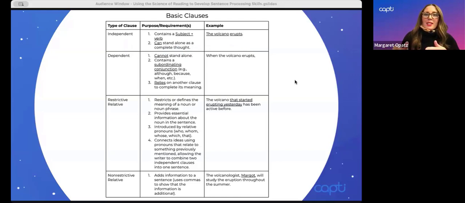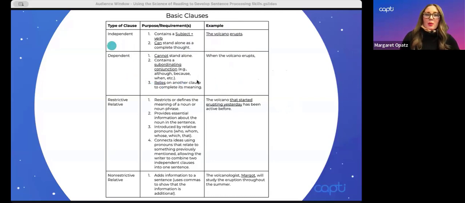And something that's nice is if you've already taught those word order rules, those basic syntax rules, you can actually ask students, is there a subject in this clause, and is there a verb? And students should be able to say, oh yeah, the volcano is the subject and erupts is the verb. And that's exactly what we want to be able to do. We want to build their metalinguistic awareness so that they can talk about language in a way that empowers them.